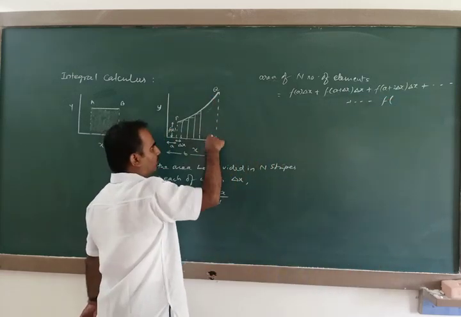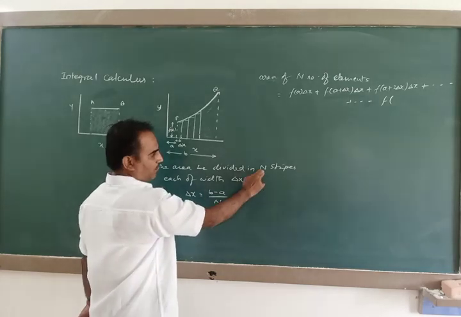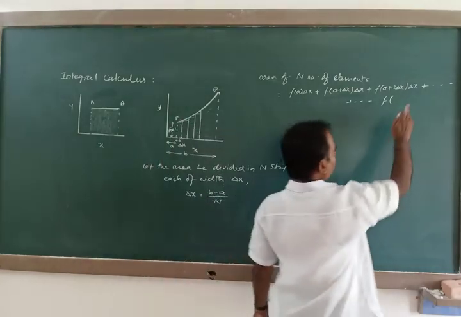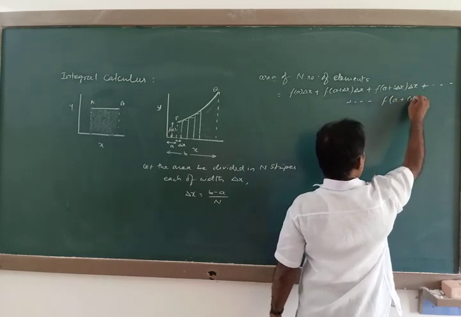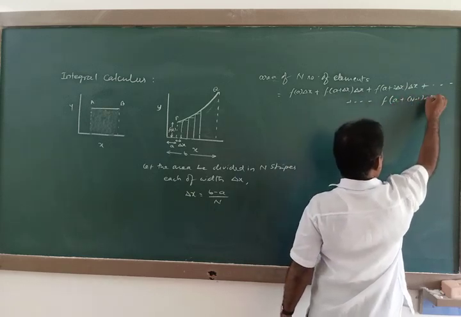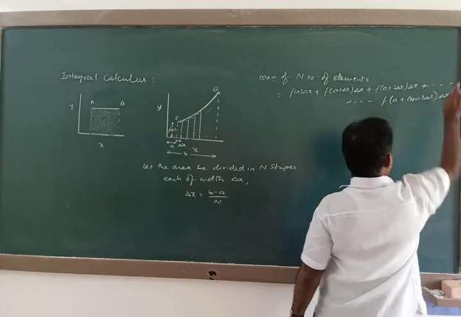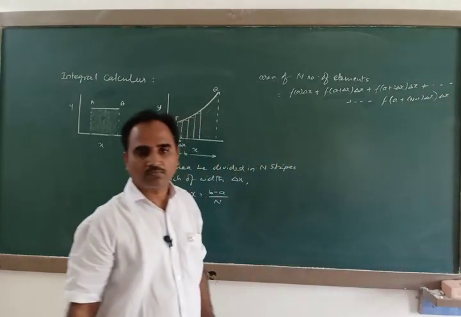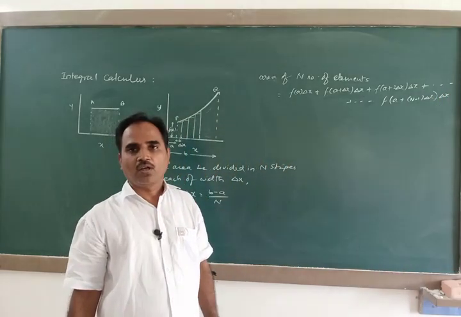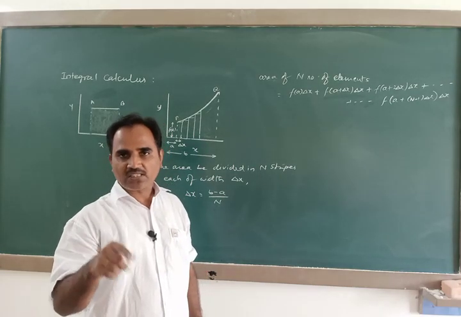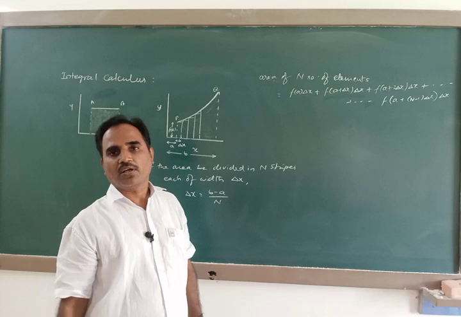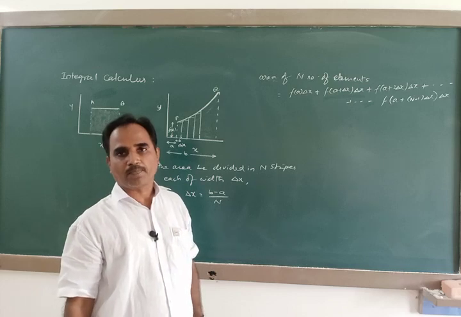This one, that is nth strip. See, for the third strip you have 2 here. For the nth strip you have (n minus 1) delta x, into delta x. So this will give you the sum of areas of all the rectangular strips.